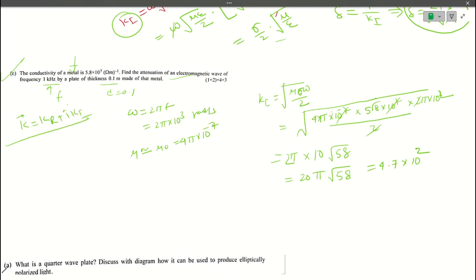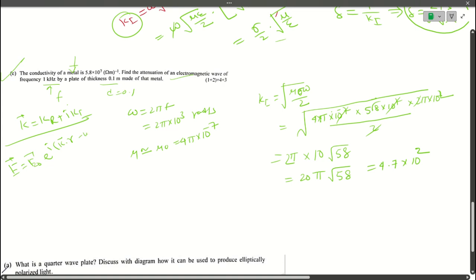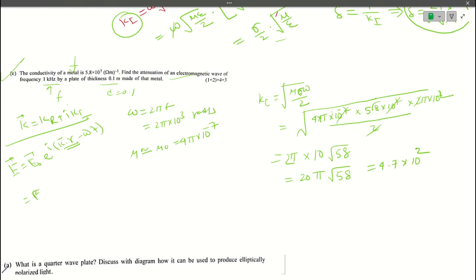So if we consider the expression of the E field as e to the power iota (k dot r minus omega t), then if we replace this here, we get a term E naught into e to the power minus ki times, if we consider the wave is propagating along the z direction, kz, so ki z, into some exponential phase factor.